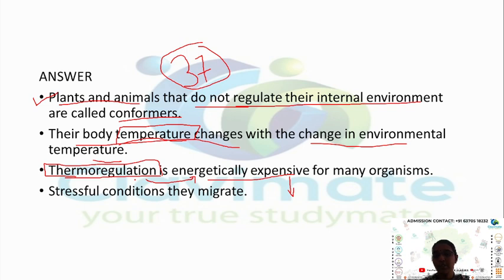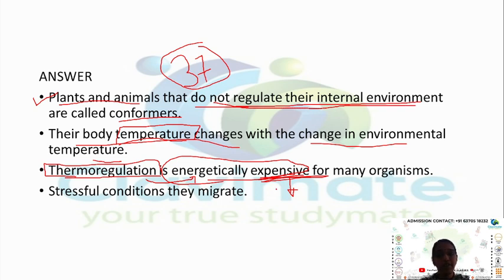Us as humans, we are larger organisms, and spending of energy is not that much of a problem to us. And smaller organisms such as hummingbirds, etc., their energy spent has to be calculated. So they consider thermoregulation as an expensive process. So they do not regulate their internal environment.